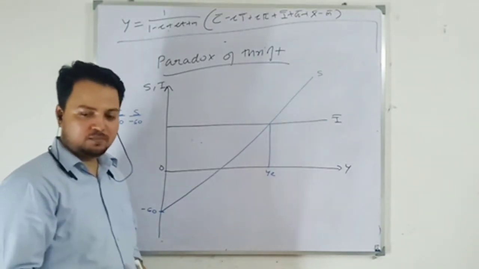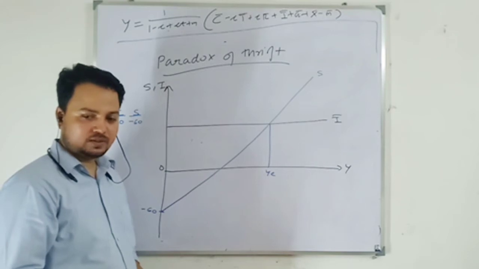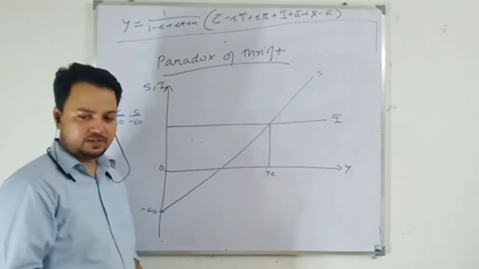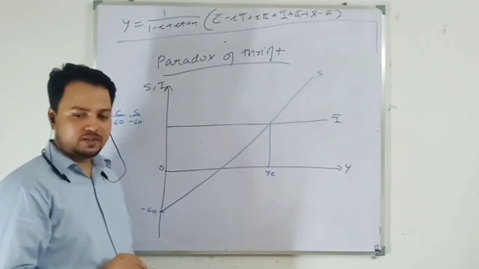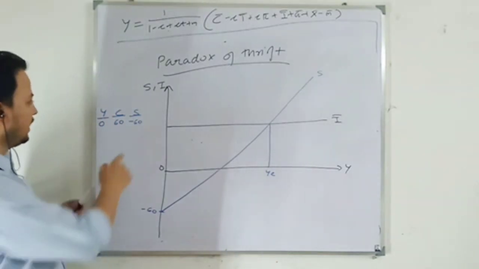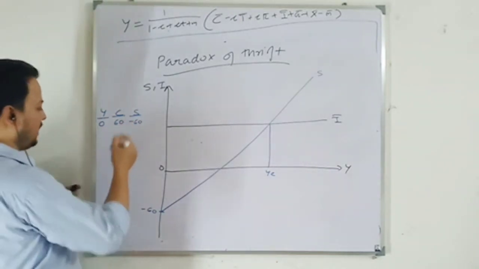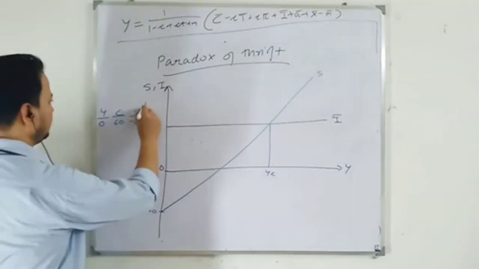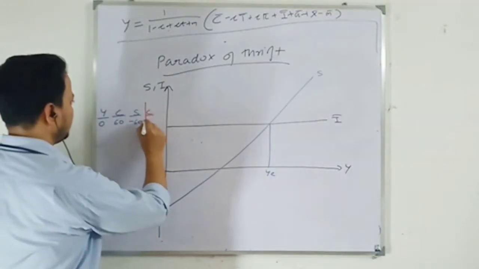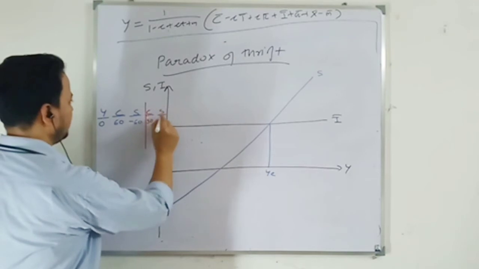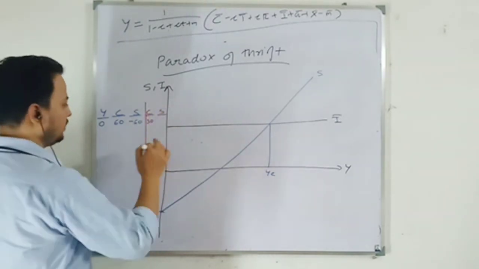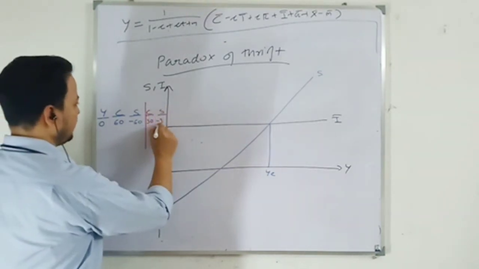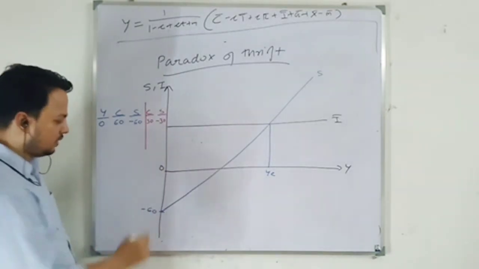Now, people want to save more. Your autonomous saving increases. That means this negative term will be less. Let me write in red pen. Now your autonomous consumption is 30, so the intercept is minus 30.